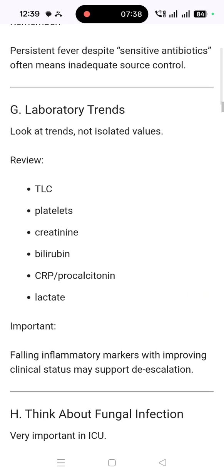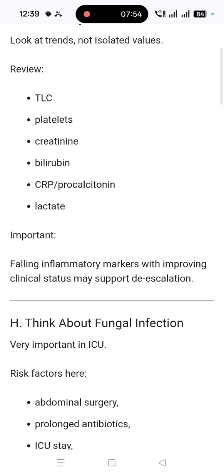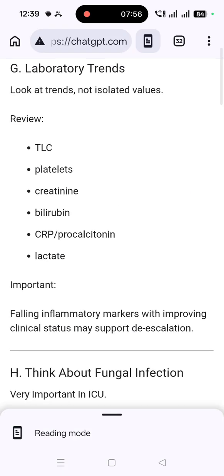Now coming to the laboratory trends, look at the trends, not isolated values. Review TLC, platelets, creatinine, bilirubin, CRP or procalcitonin, and lactate. This way you come to know about the other systems, whether the liver, kidney, everything is working properly or not. That is also very important.